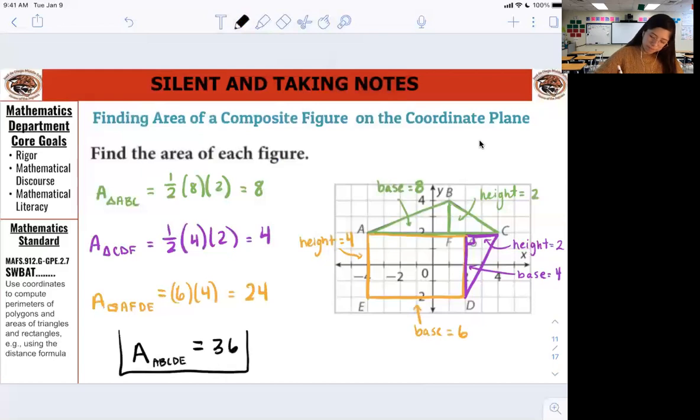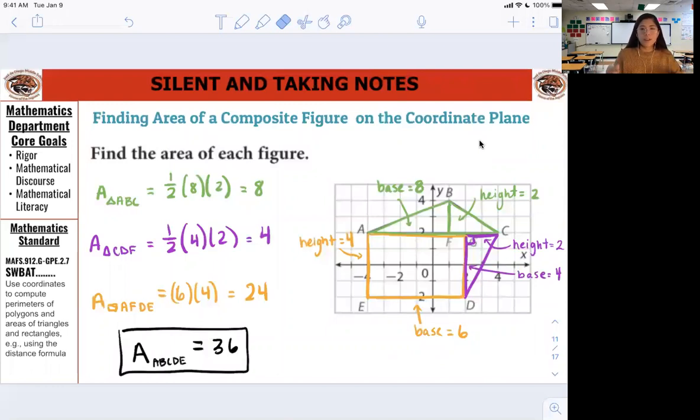That's it. So composite figures, they're not always going to give you, you know how on this example they kind of showed you what it breaks down into? They're not always going to do that. So you might get a shape and then you kind of have to break it down yourself. Notice in this case, we did not need the distance formula.